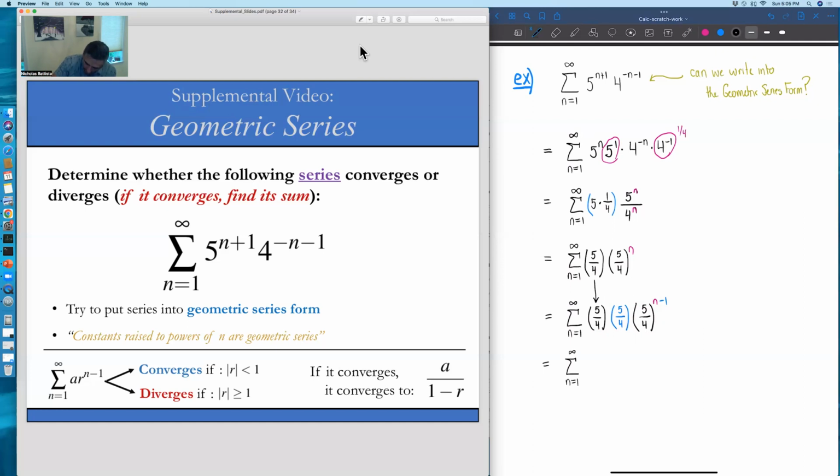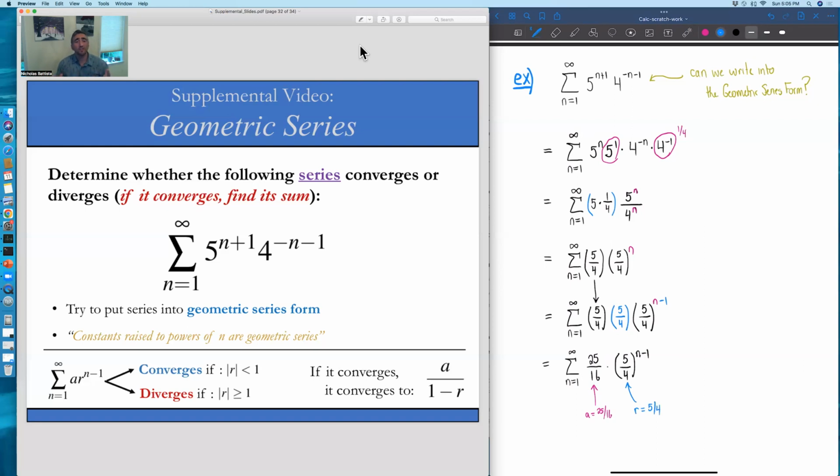So 5 times 5 is 25, all over 4 times 4 is 16, times a 5 over 4 raised to the n minus 1. So in this problem, that 25 over 16 is our a. And our r is this 5 over 4.